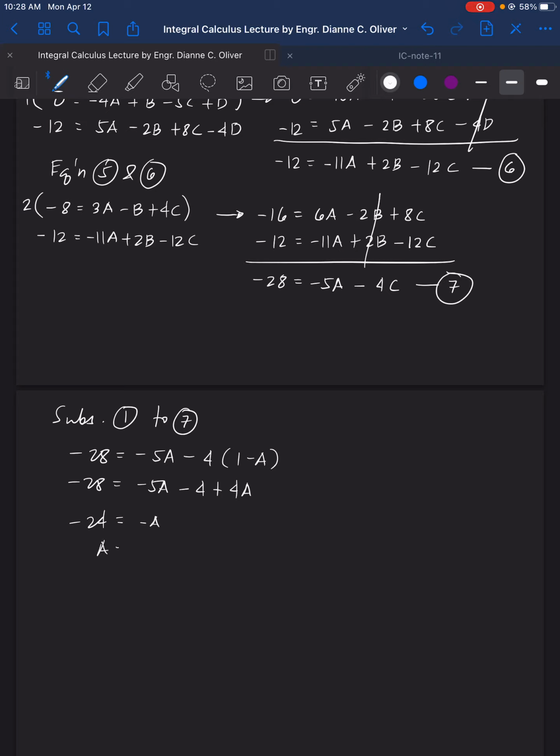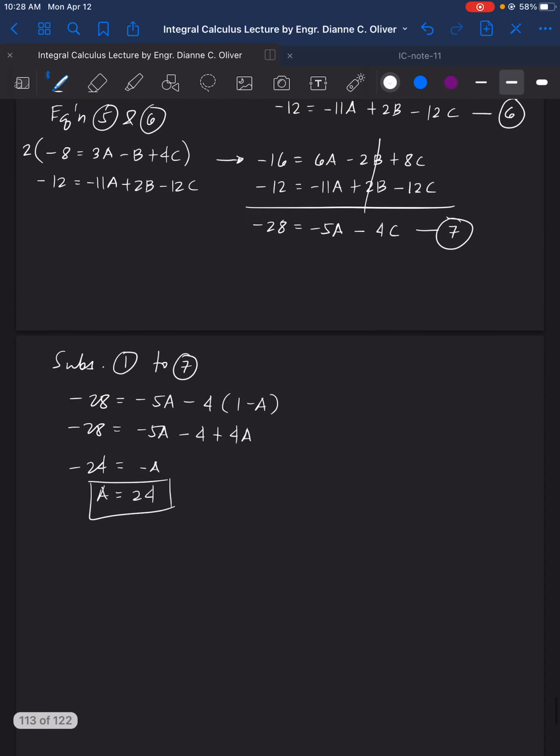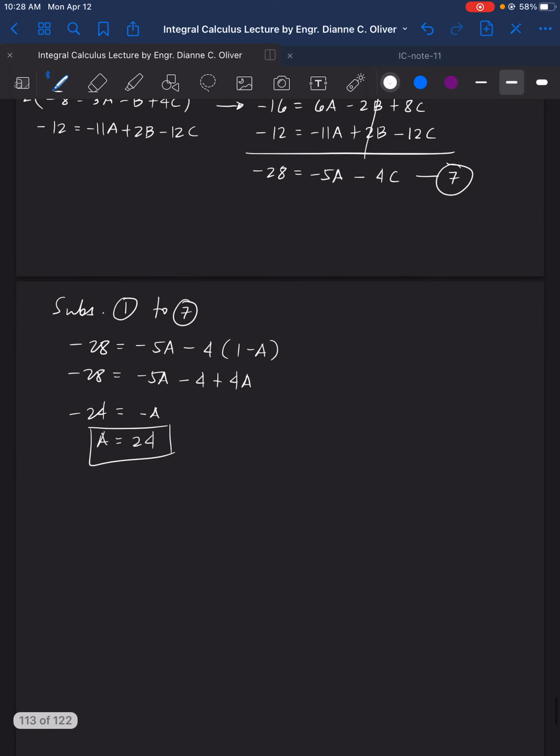So a is equal to 24. Having the value for a, we can have the value for c. If we substitute a to equation 1, c is equal to 1 minus 24. Therefore, c is equal to negative 23.